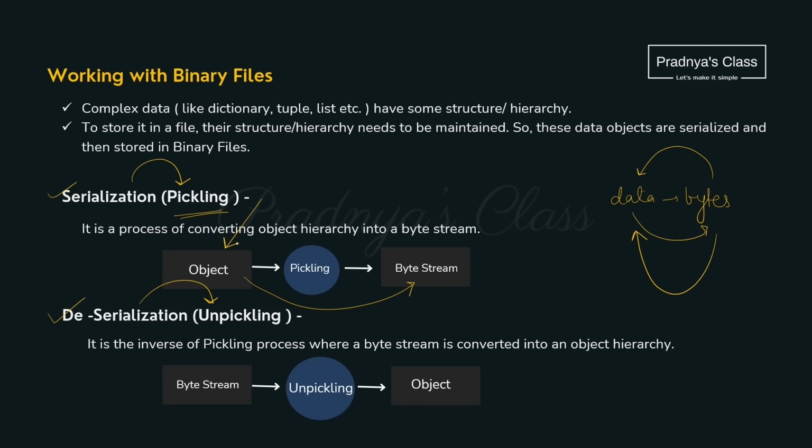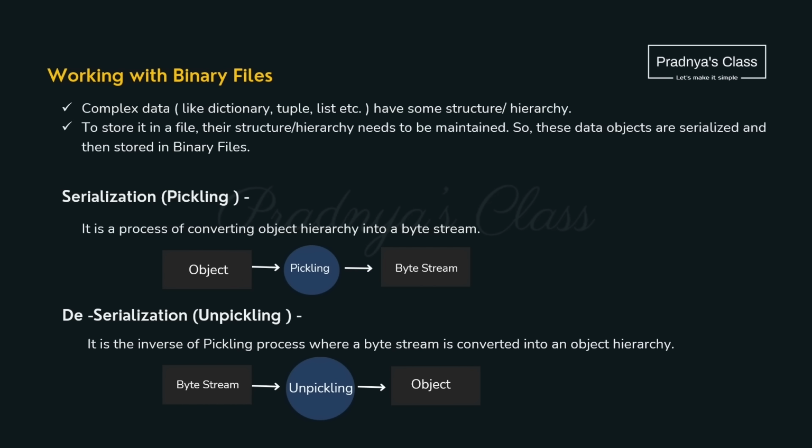Here instead of calling it data, we will call it an object. Object is nothing but any data type like dictionary, tuple or list. Generally, we go ahead with list and dictionary because in case of tuple, again we cannot change or modify the data. That's why when we get questions based on binary file, it will contain list or dictionary. So the process of pickling will happen at the time of writing data.